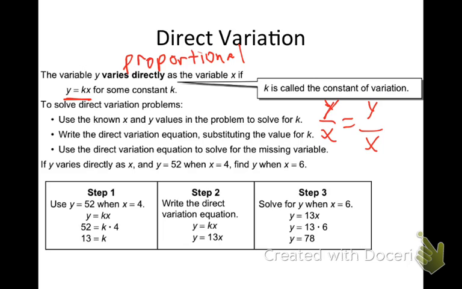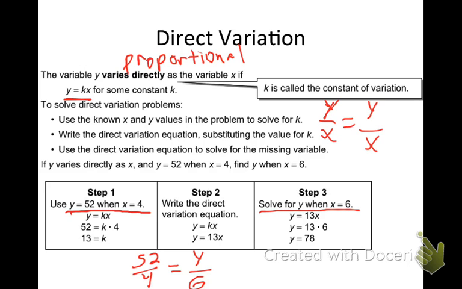Now, they go through using the equations. Using the equations is actually more steps and more work. Proportions are a lot easier. For instance, y equals 52 when x equals 4. Y over x says 52 over 4 equals, solve for y when x is 6. Well, 52 over 4 equals y over 6.